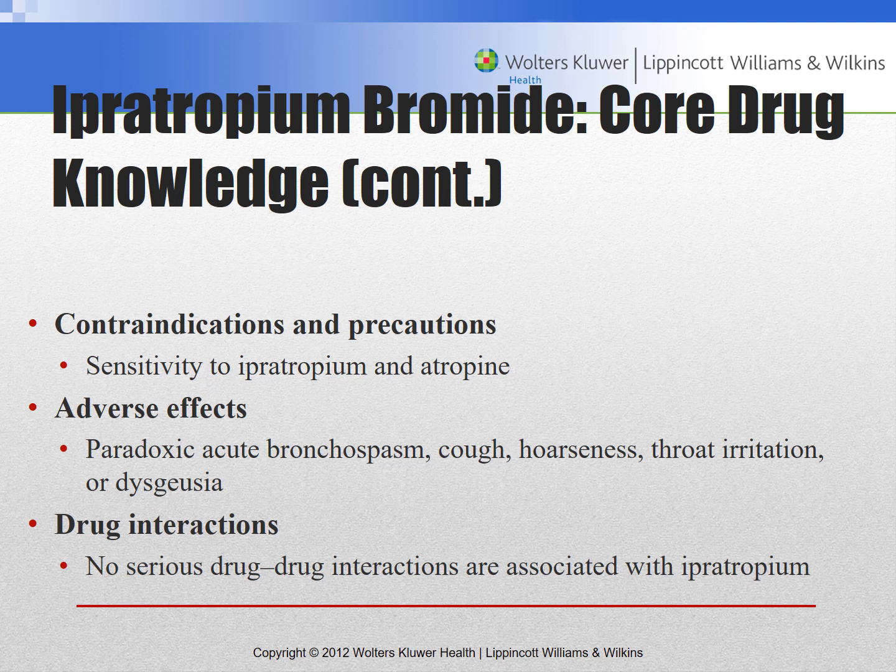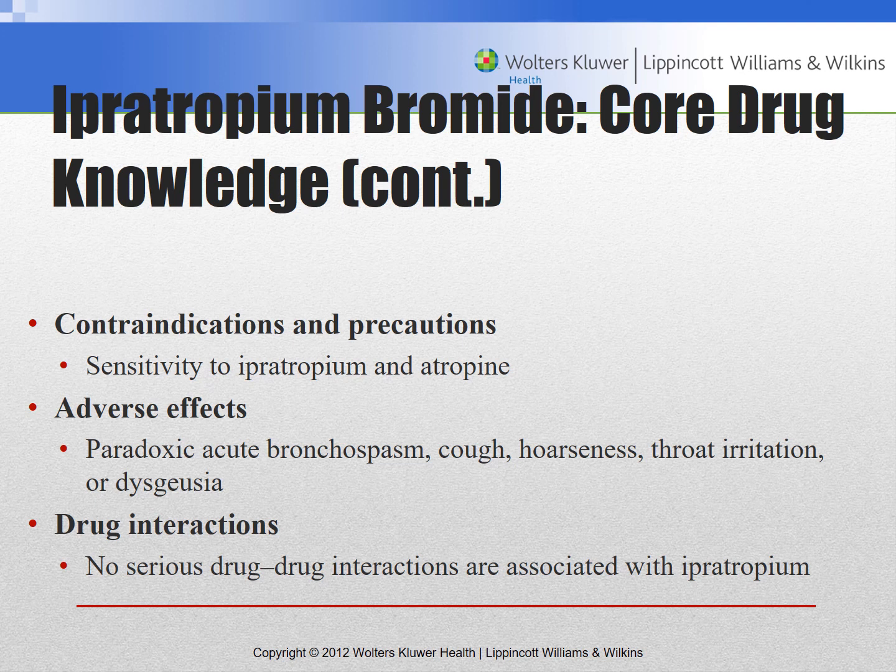All right. For adverse effects: a paradoxical acute bronchospasm, cough, hoarseness, throat irritation, and dysgeusia, dysgeusia being a distortion of the sense of taste. When we talk about a paradoxical acute bronchospasm, that occurs when the patients don't prime that inhaler appropriately.